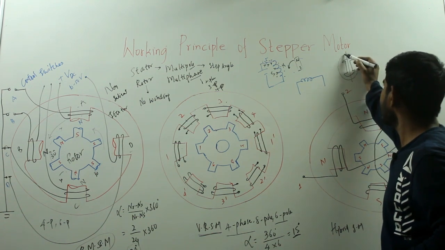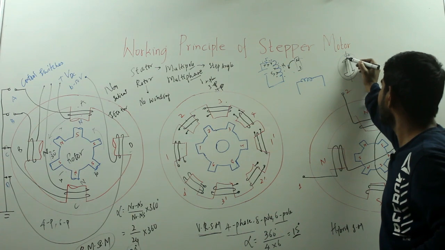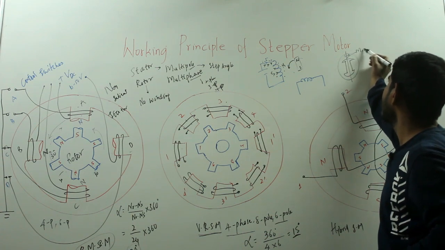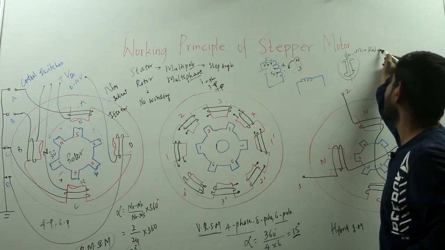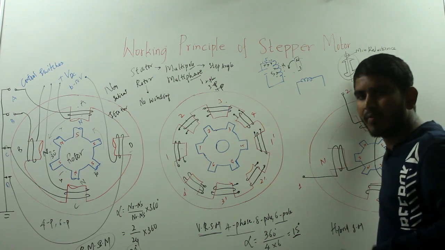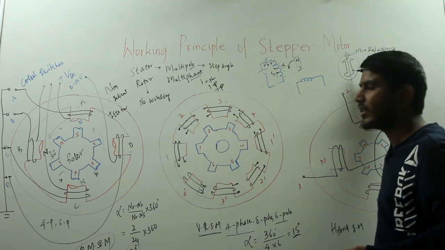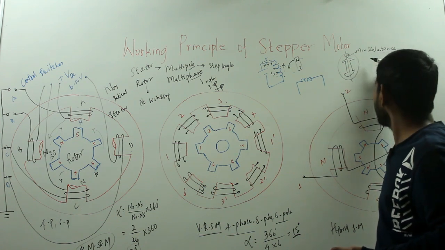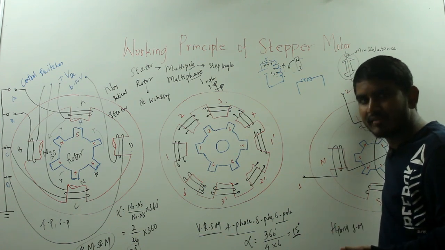On the direct axis, if I say there is a rotor pole here, the direct axis has a minimum reluctance path, where reluctance is nothing but the opposition offered by the space, or you can say air. Reluctance is a term used in the magnetic circuit, and resistance is a term used in the electric circuit.